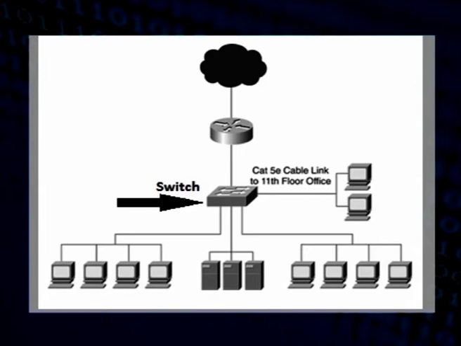As shown in the figure, a switch is a multi-port network bridge that processes and forwards data at the data link layer of the OSI model.